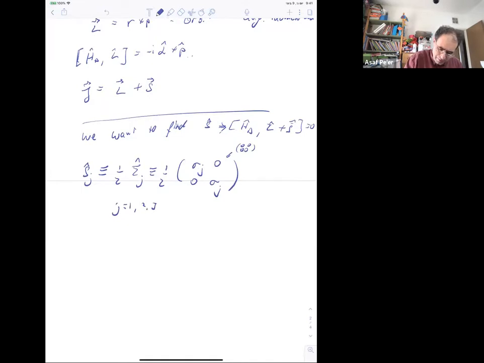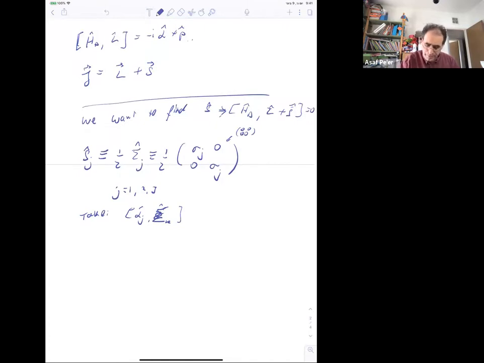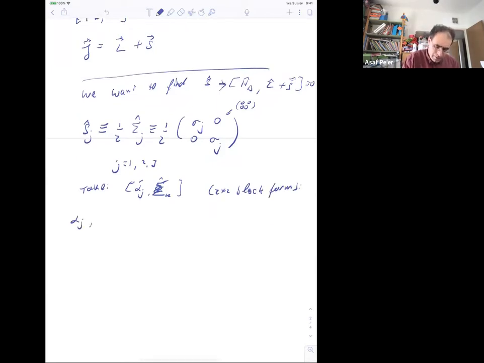So take alpha_j and the capital Sigma_k, in a 2 by 2 block form. So the commutator of alpha_j and Sigma_k. What is that? We said that alpha is 0, sigma_j, sigma_j, 0. Sigma_k is just, again, sigma_k, 0, 0, sigma_k.